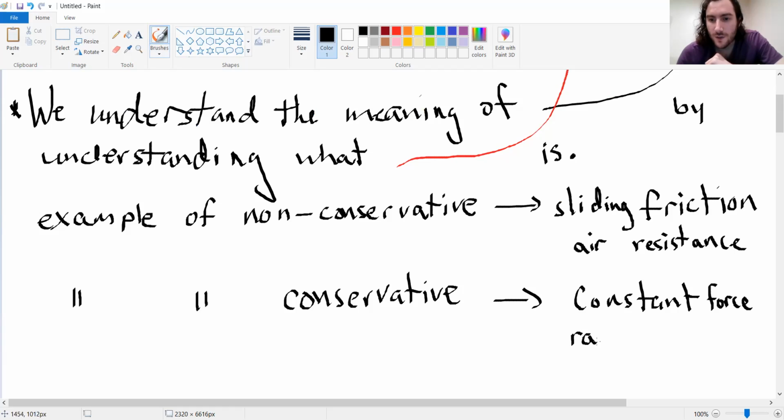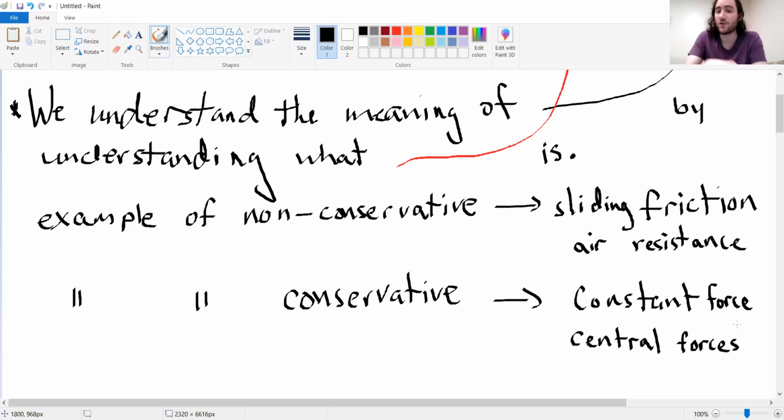Any force which is directed in the radial direction, in other words, a central force, maybe I should write it that way, central force. So forces which only depend on R, like the gravitational force, that's a conservative force.